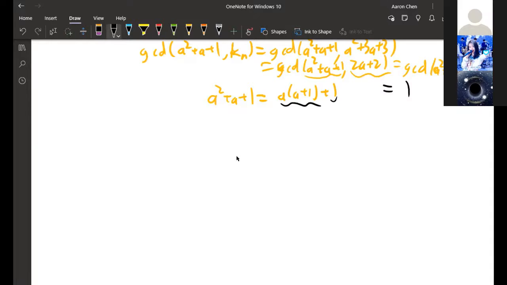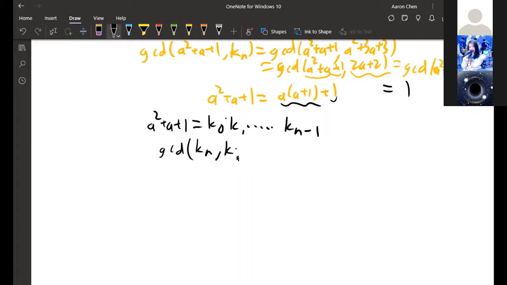And since a squared plus a plus 1 was equal to k0 times k1 times kn minus 1, that means that the GCD of kn and ki for i less than n is always equal to 1, because the GCD of their product and kn is also 1.